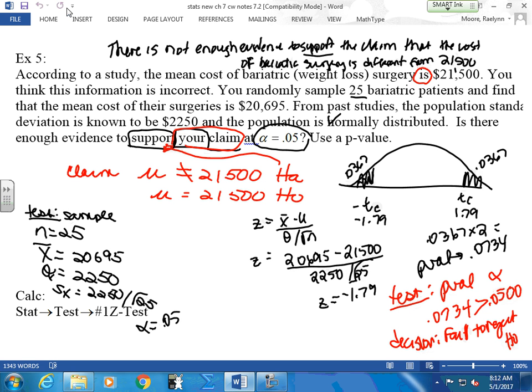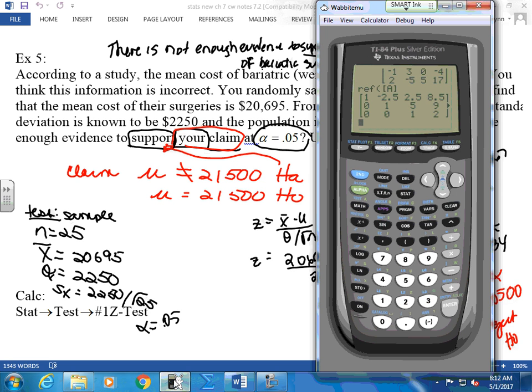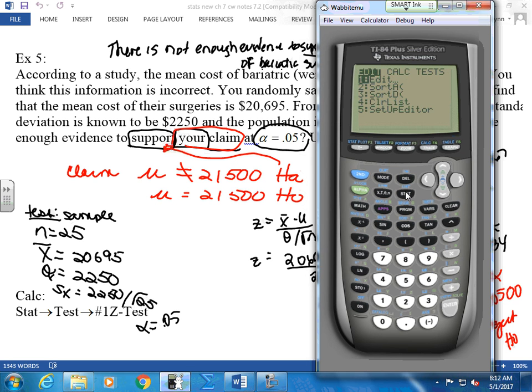Now, your calculator has a wonderful test for this. So we go to stat, we go to test, and so far we did all your intervals down here, but because we're testing, it's right up there on top. Because it's a z-score, we're sitting right up there on top. It's a z-test.